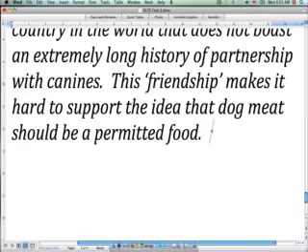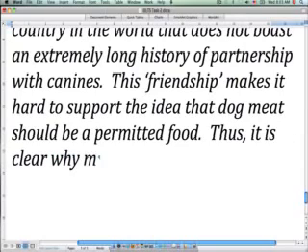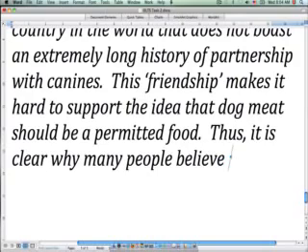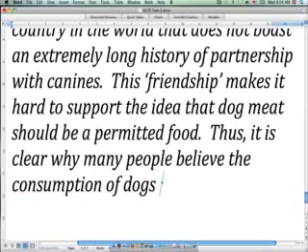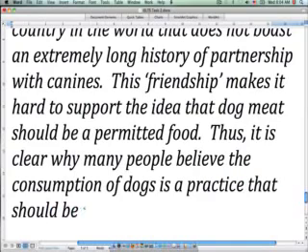Okay, thus it is clear why many people believe the consumption of dogs is a practice that should be curbed.